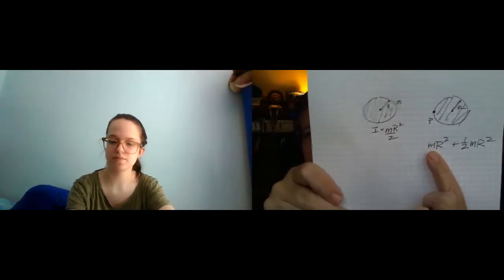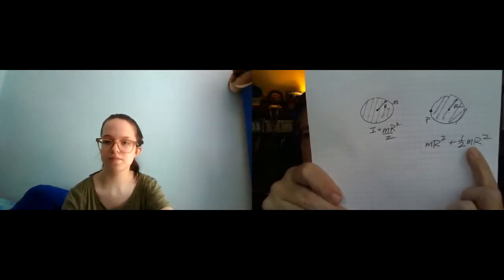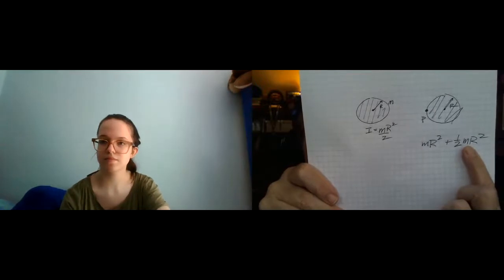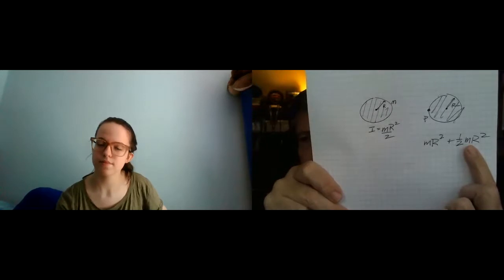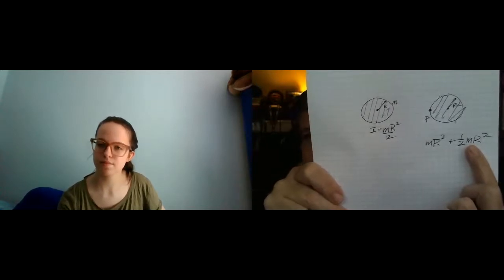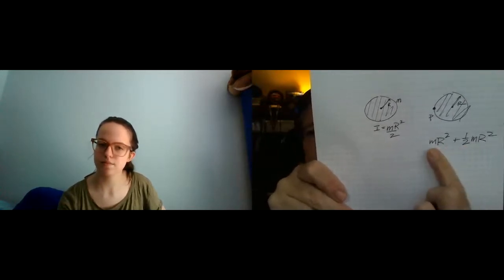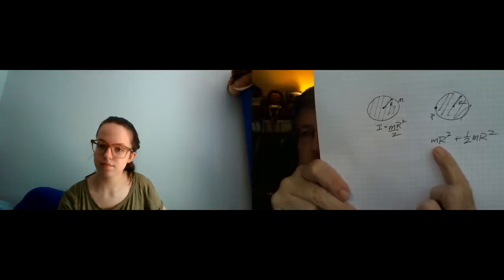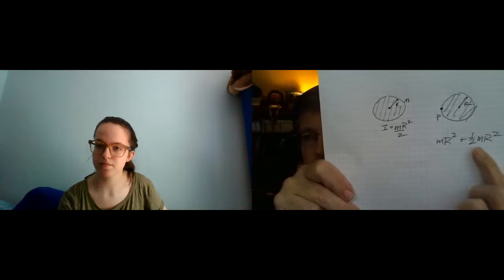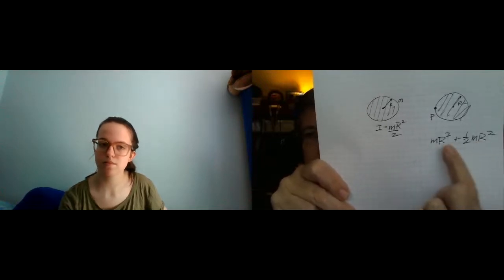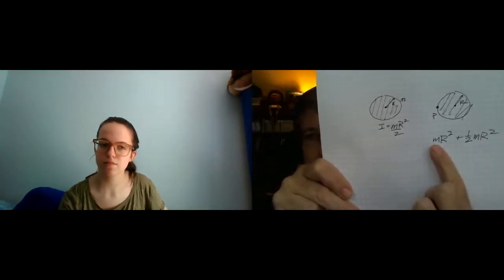Right. So the way that I had my students write the formulas, I would call this I subscript O, as in I original or I about the center. And then this would be I because of the shift. And that's the parallel axis theorem: I about the center, and I because the mass is shifted.